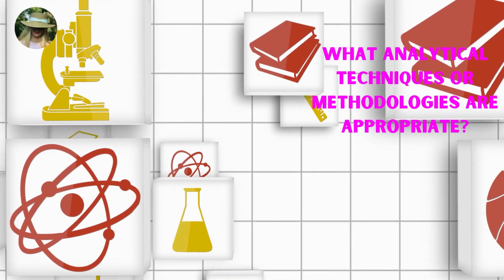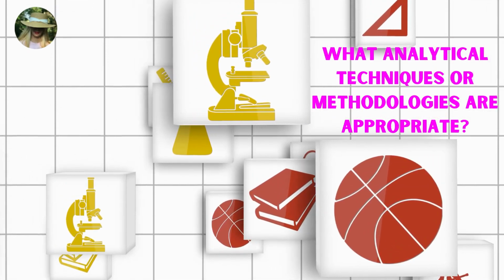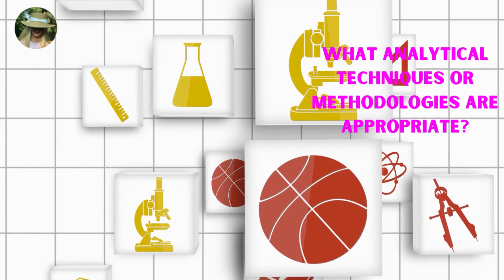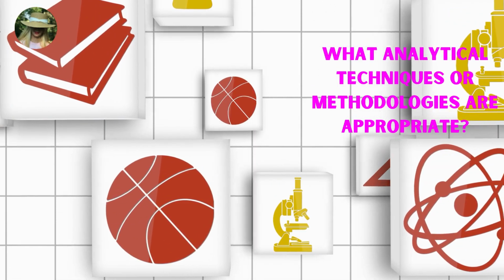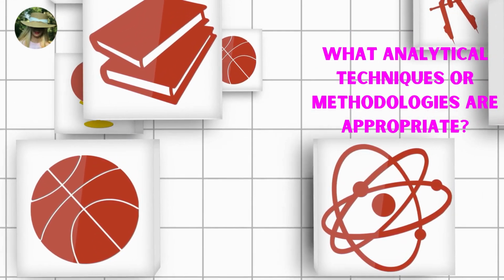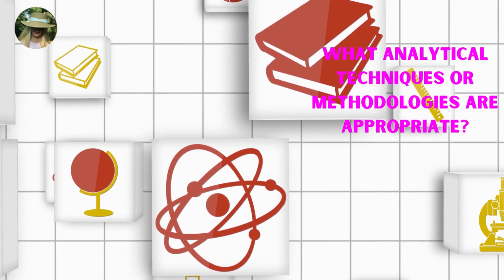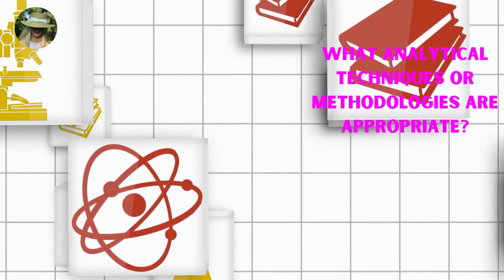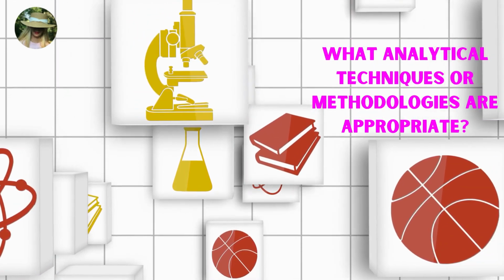Another important question is analytic techniques and methodologies. Select a suitable one based on the nature of the problem, availability of data, and desired outcome. Consider statistical methods, machine learning algorithms, deep learning, qualitative analysis, and many more.